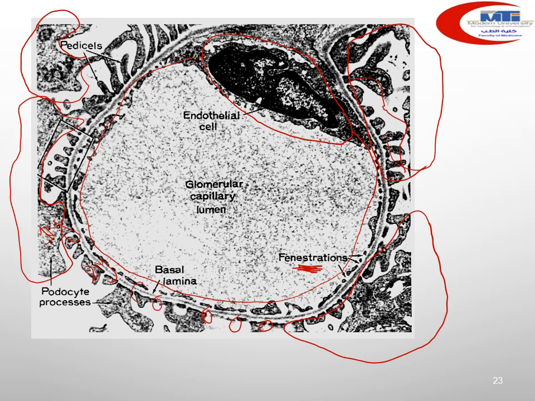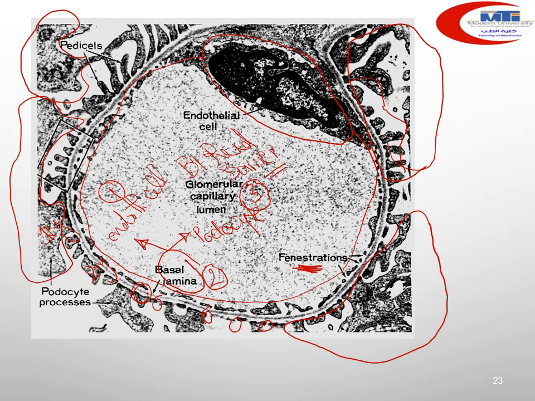Okay, and in between you have the basal lamina. The basal lamina is formed from the endothelial cell and from the podocyte, and the three of them, the endothelial cell, the basal lamina, and the podocyte, form the blood-renal barrier.